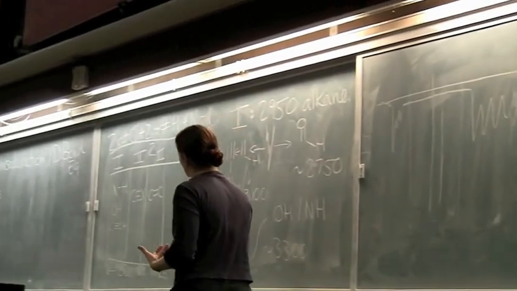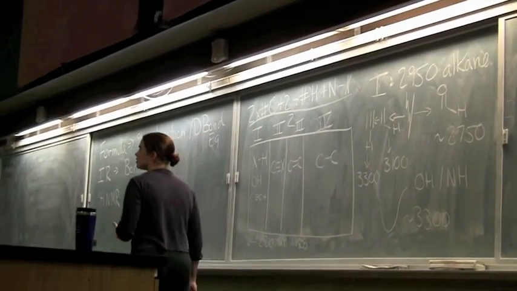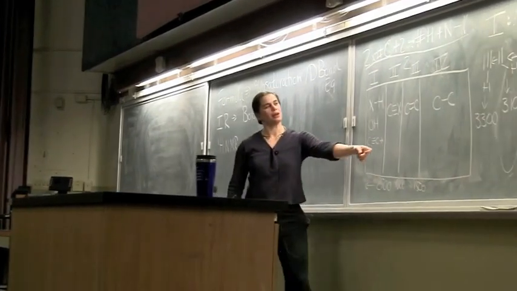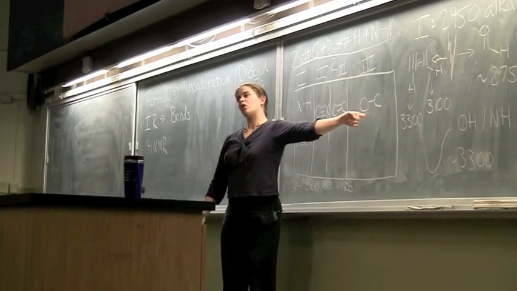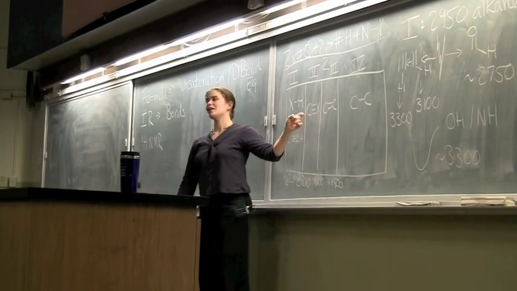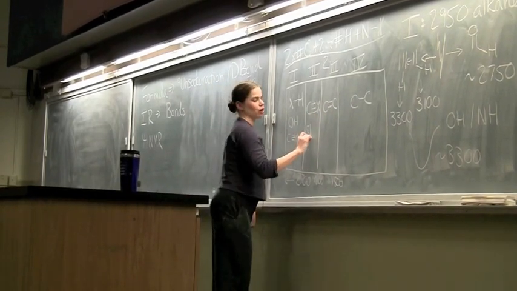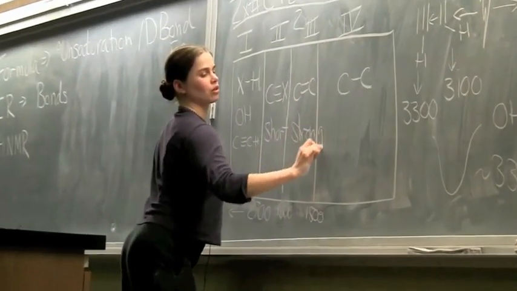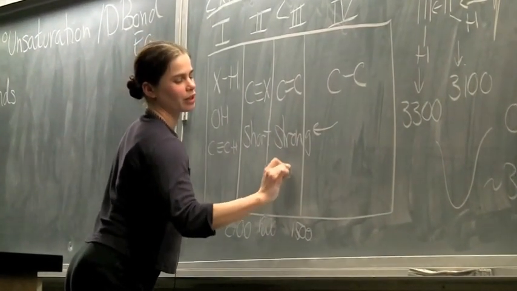And kind of a last little fun thing with those alkynes, alkenes, and alkanes in IR is you can see a pattern here. Weaker, longer bonds on the right, shorter, stronger bonds on the left. So short and strong. Weak and long.